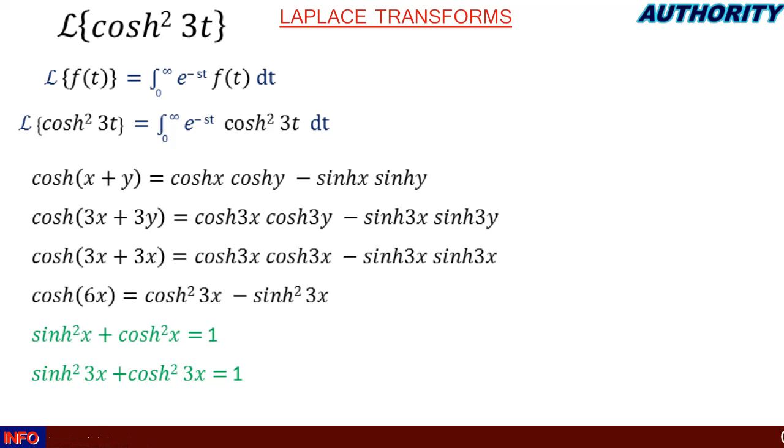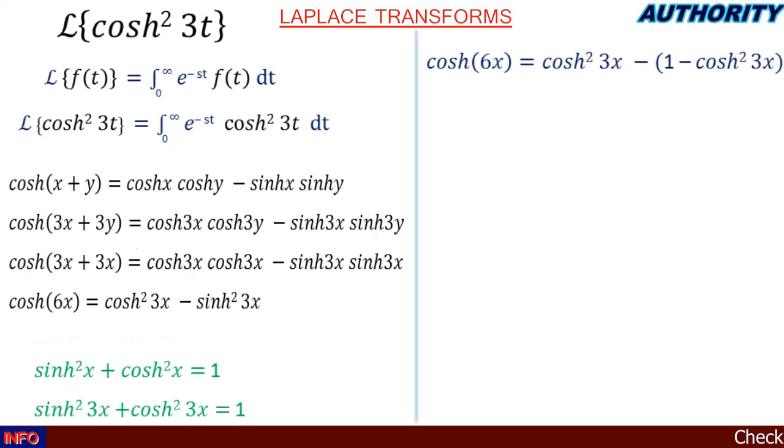So if we make sinh squared 3x the subject, we're going to have cosh squared 3x minus 1. So in place of sinh squared 3x, we write cosh squared 3x minus 1. So that means we're going to have cosh 6x is equal to cosh squared 3x minus, open bracket, cosh squared 3x minus 1. Let's open the bracket.